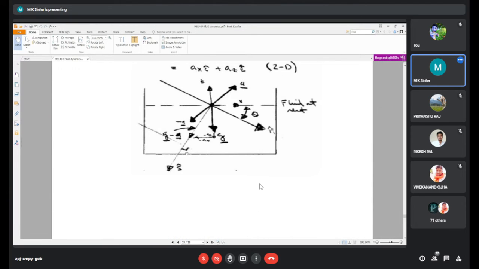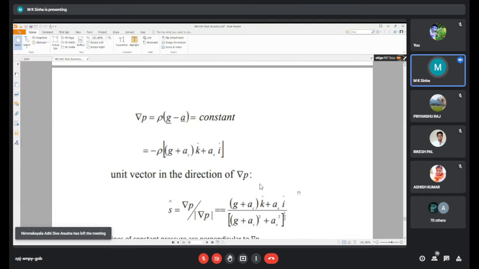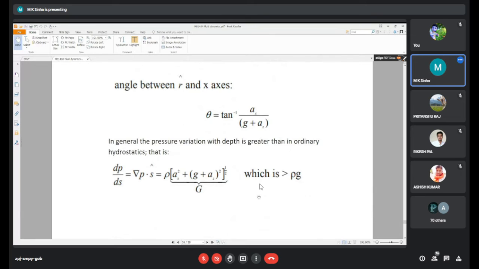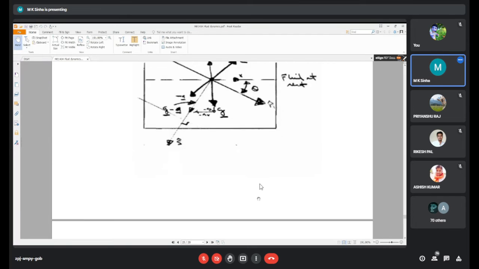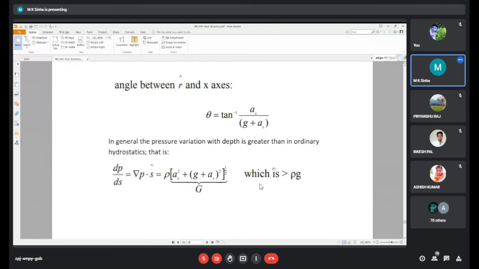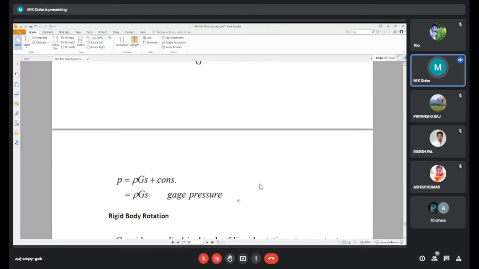This is the acceleration given here, generalized for a unit vector in the direction. So theta is given by tan theta equals the acceleration along the x-axis divided by (g plus a_z), and dP/dx is rho a_x.